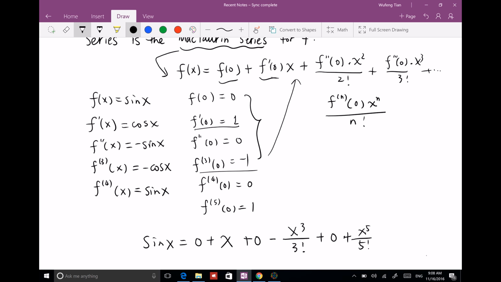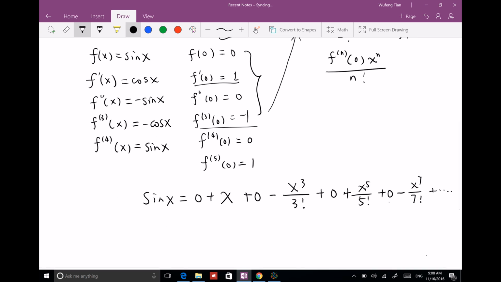What's next? Plus 0. What's next? Seven, because the 6 is right here. Okay, thank you very much. I think you got x cubed, 5, 7. So you only have the odd powers coming out. All the even derivatives go to 0.